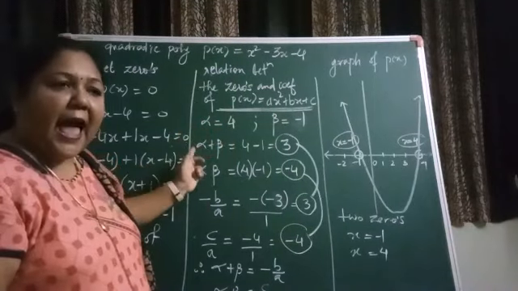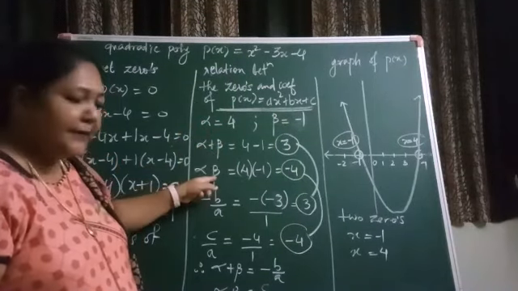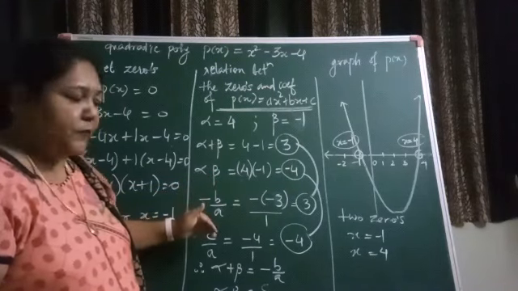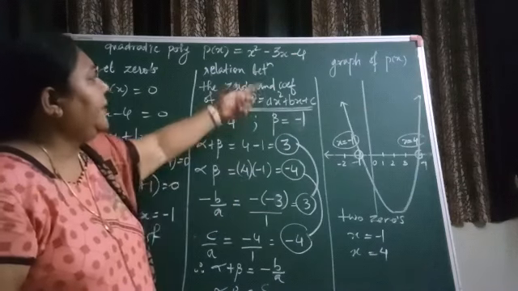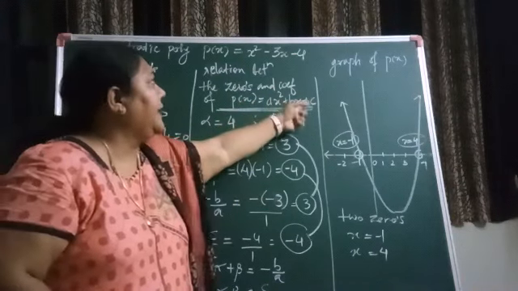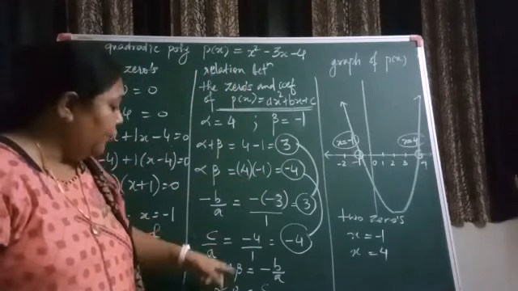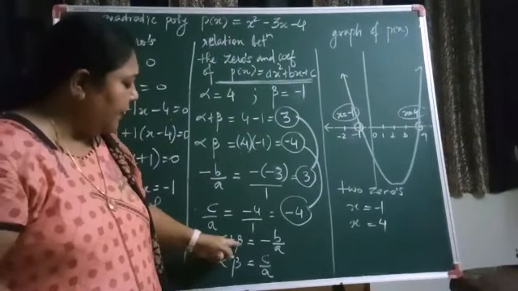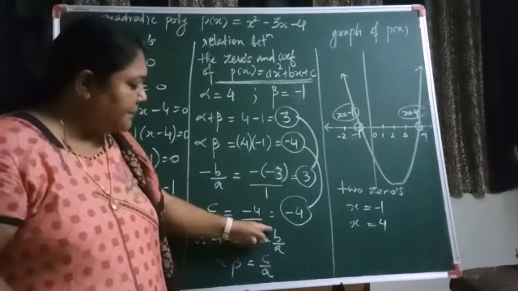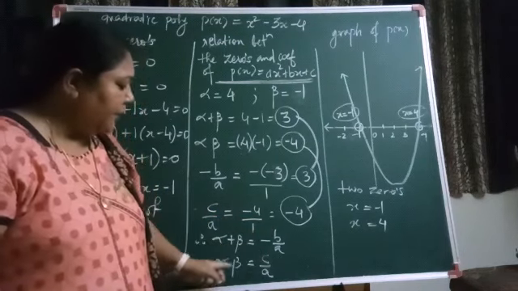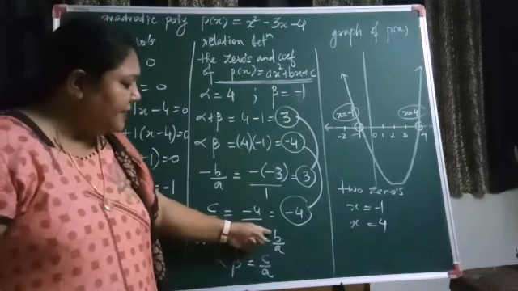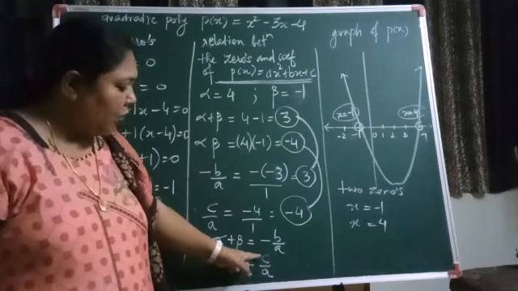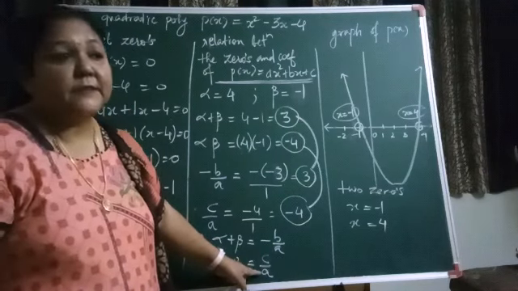Then you add the 2 zeros and multiply the 2 zeros, and you relate it with the coefficients a, b and c and you get 2 different relations: sum of the zeros, that is alpha plus beta, is minus b upon a, and product of the zeros is c upon a. B is the coefficient of x, a is the coefficient of x square, c is the constant term.